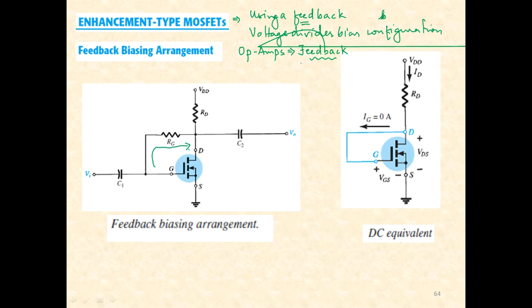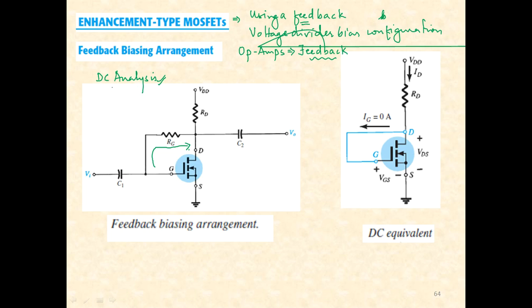If they are enhancement type MOSFETs, then this is the particular feedback arrangement that is generally used. So for that purpose we are interested in this particular feedback biasing arrangement. Okay, so again, going by the steps. DC analysis.